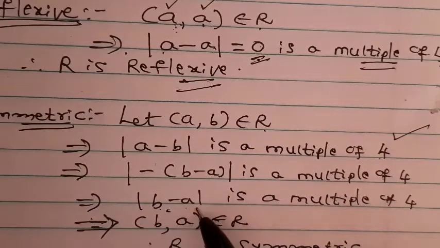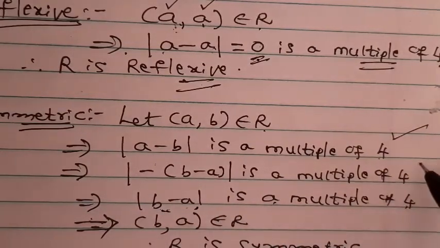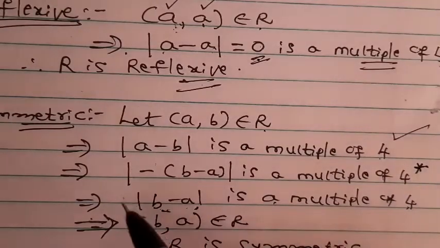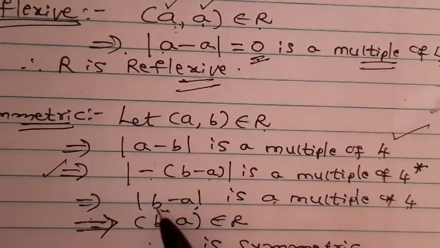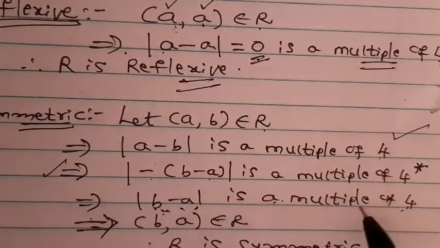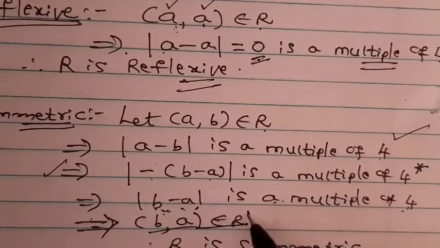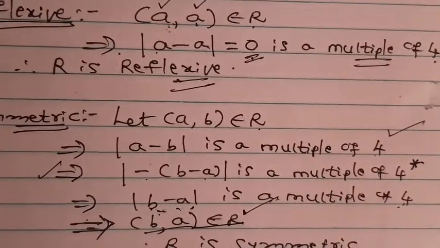See here, mod of B minus A is a multiple of 4. So you can skip this step also, but you have to write this because the mod sign is there. Mod of, so I will take minus outside, B minus A is a multiple of 4. That means mod of a negative quantity is considered as a positive. So mod of B minus A is a multiple of 4. Mod of B minus A a multiple of 4 means what? (B, A) belongs to R, therefore it is symmetric.